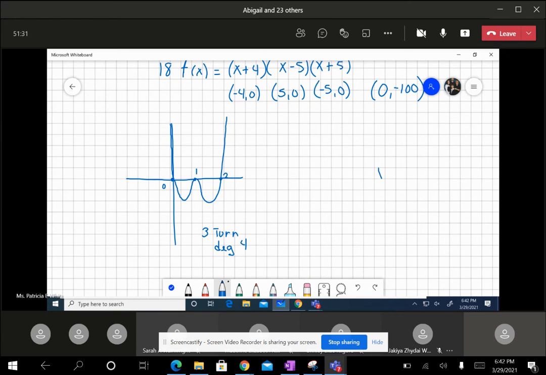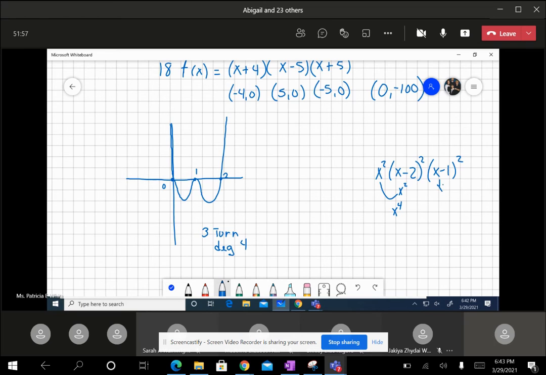If I have x squared times x minus 2 squared times x minus 1 squared, what's my degree going to be? When I get done multiplying here, I'm going to have an x squared out of this, and that's going to give me an x to the 4th.